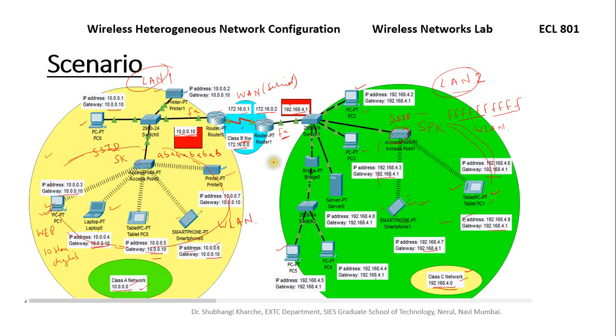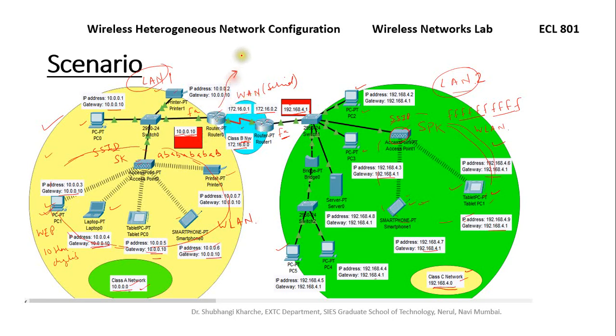Now, after configuring the IP addresses on each of the devices as shown here, the traffic from LAN 1 should move towards LAN 2, and that will be possible by performing the static routing, by configuring the static routes on these routers.